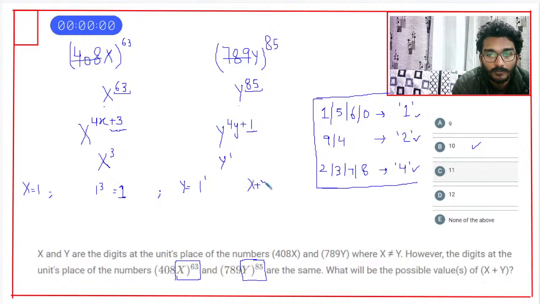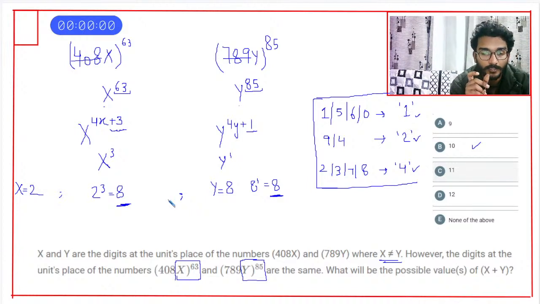X plus y from here is 2. But it is given in the question that x is not equal to y, which means this case is not valid according to the question. So if I plug x equal to 2, this gives me 2 cube, which is 8. Now I can take y equal to 8 here, such that 8 raised to the power 1 is also 8, making the result equal to one another.